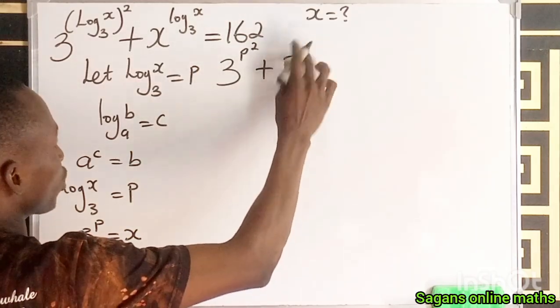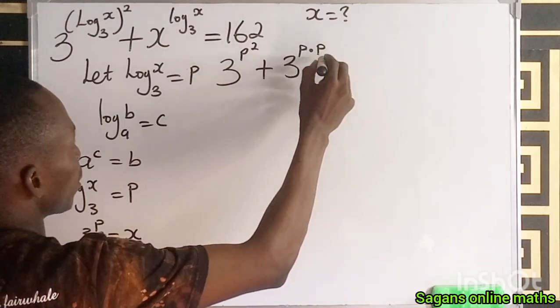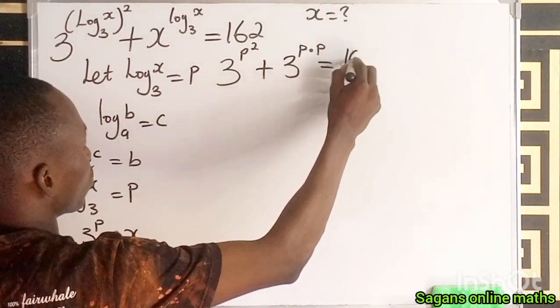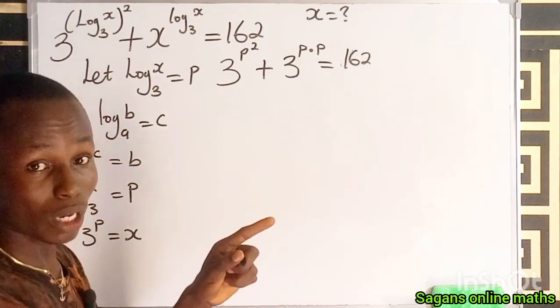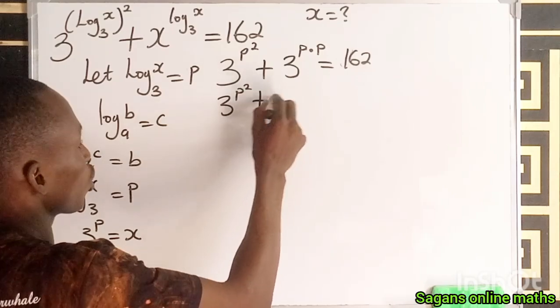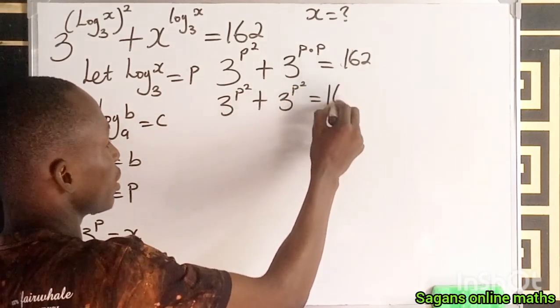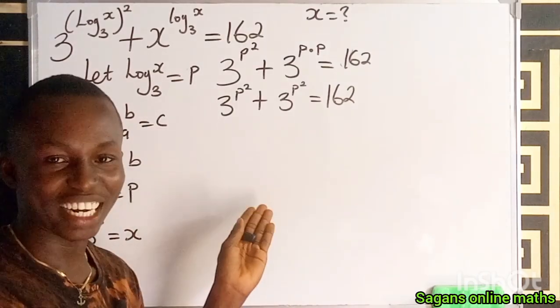So this becomes p multiplied by p, equals 162. Now p times p is p squared. So now this is 3 to the power of p squared plus 3 to the power of p squared is equal to 162. This is beautiful, right?